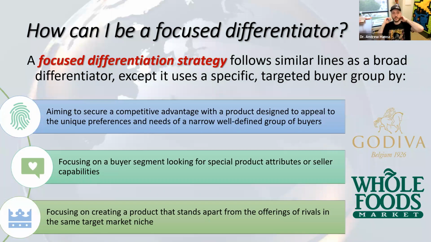We may try to take all of the same types of approaches from a differentiation standpoint, but we're just focusing on a buyer segment that's going to look for something special, something specialized in those product attributes or capabilities that our product and service provides, and focusing on that group and standing apart for them.